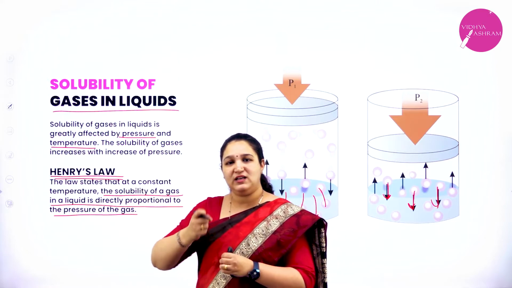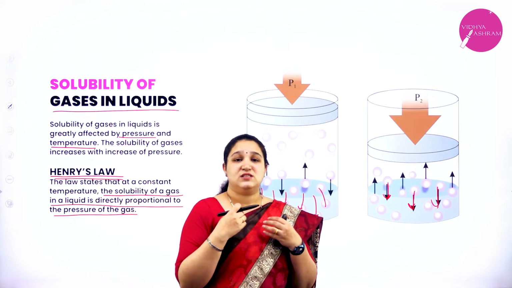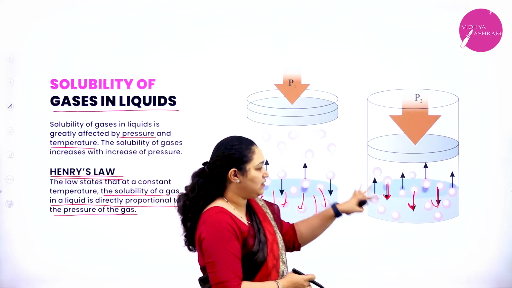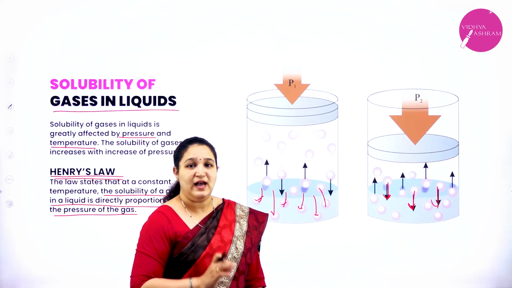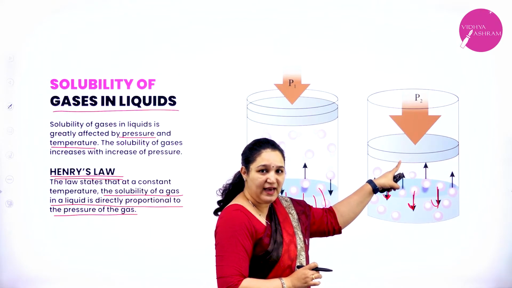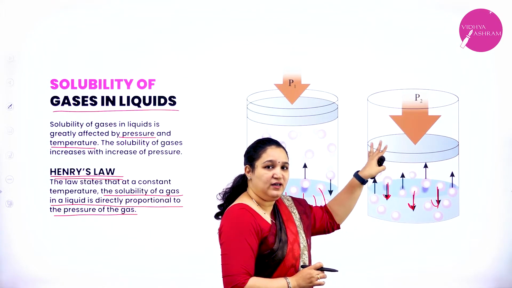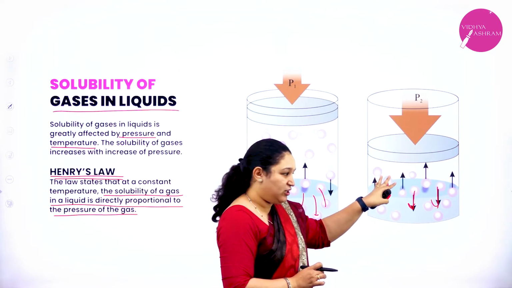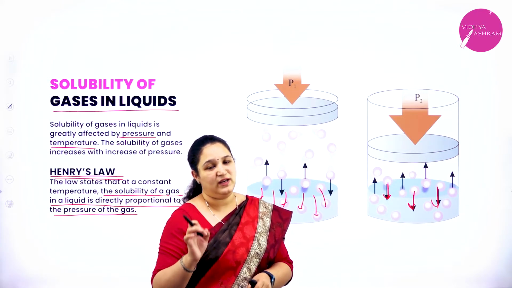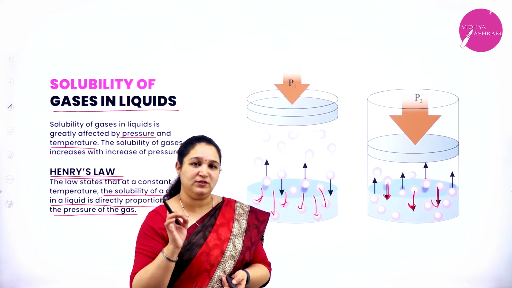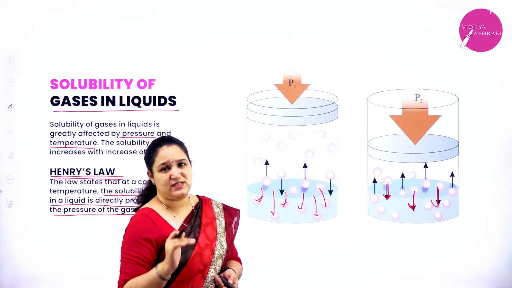If I go on increasing the pressure of the gas, the solubility of that gas in the liquid also goes on increasing. So they are directly proportional. This is what Henry's law states.